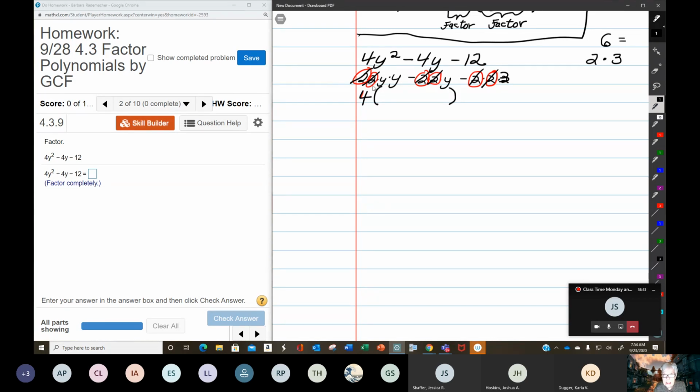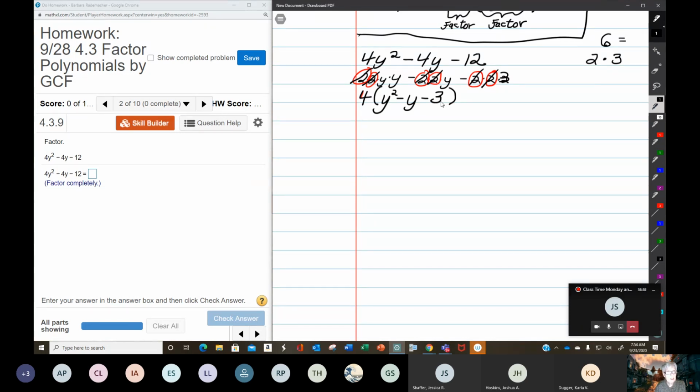Then I look and see, I have a y times y, which is y squared. I have a minus sign. I have a y. I have a minus sign. And I have a 3. And now I have factored this by the greatest common factor.